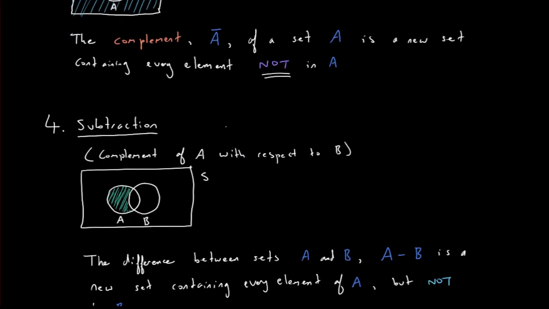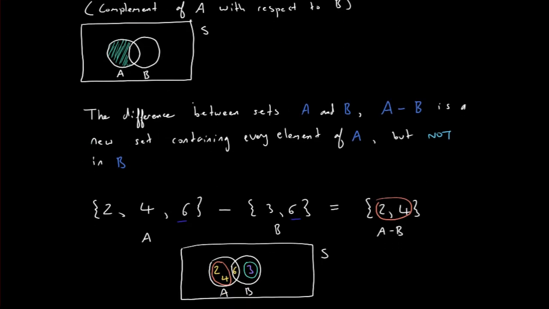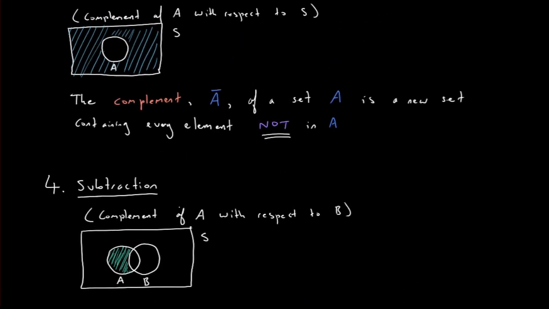And in light of this more general definition, maybe it's worth meditating on what I mean by this. We say this is the complement of A with respect to the universal set S. And of course, really what I'm doing is removing from this whole thing the overlap between S and A, which is in perfect agreement with this definition here of subtraction.